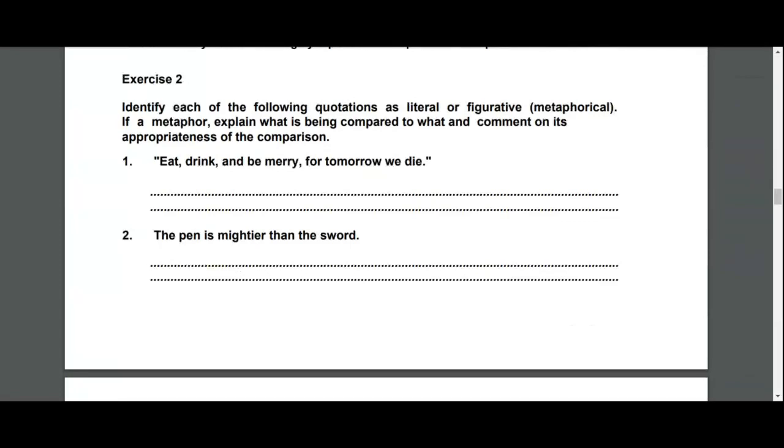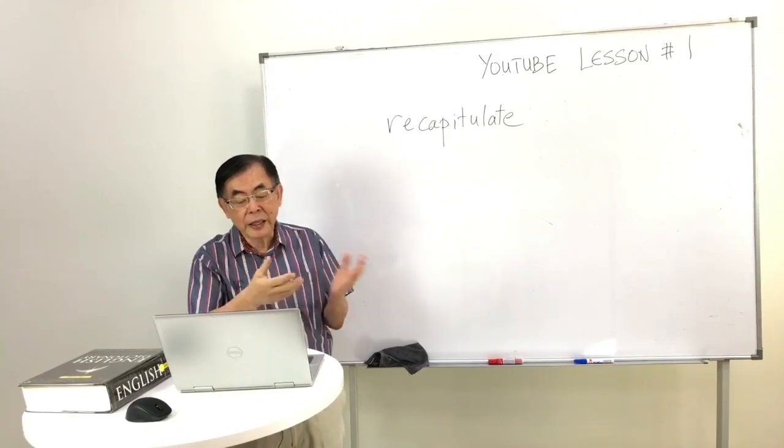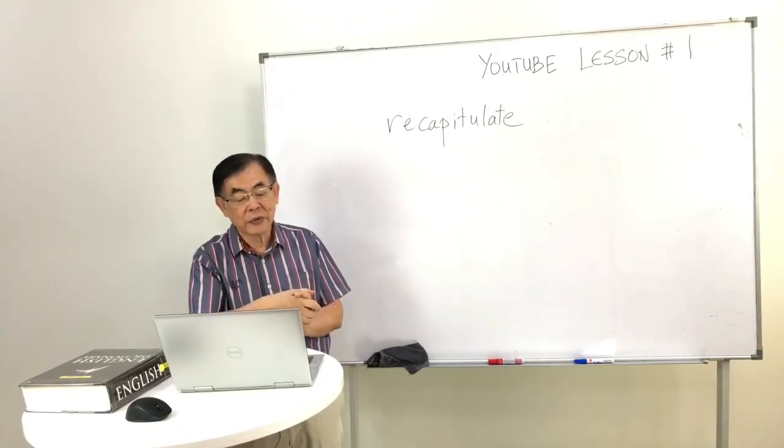And if it's a metaphor, explain what is being compared to what, and comment on the appropriateness of the comparison. Eat, drink, and be merry, for tomorrow we die. Now this is obviously a metaphor, but explain the metaphor and its meaning and the appropriateness of the comparison.